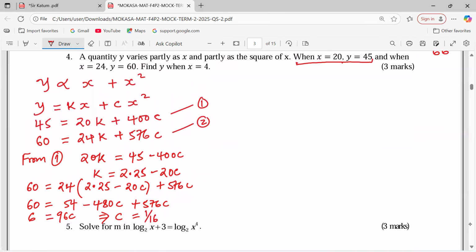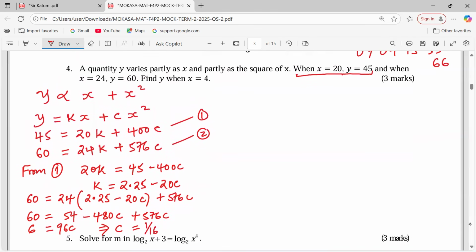Now that we have the value of c, we can find the value of k. Now, k is supposed to be given by, according to the expression at this point here, k equals 2.25 minus 20 multiplied by c, which is 1 over 16. Yes, the value of c has already been found.